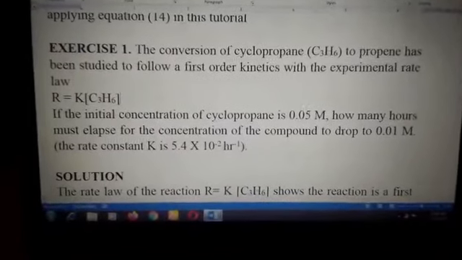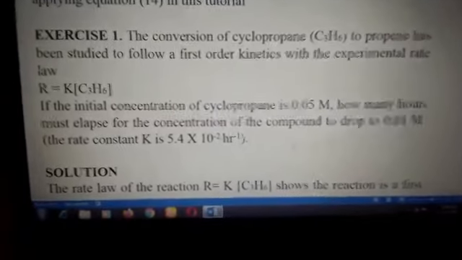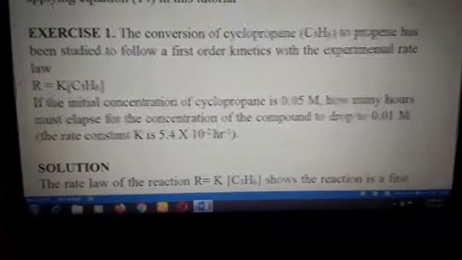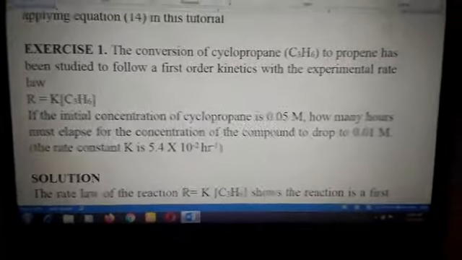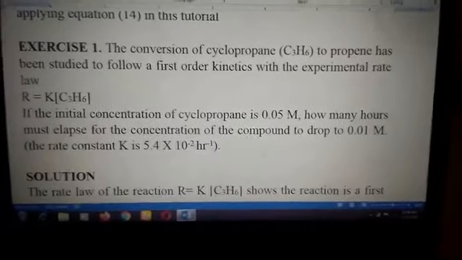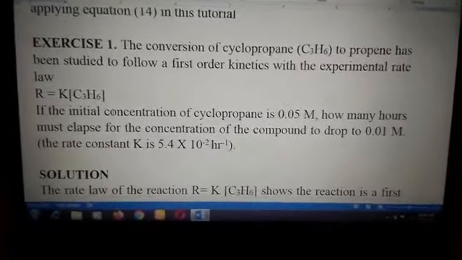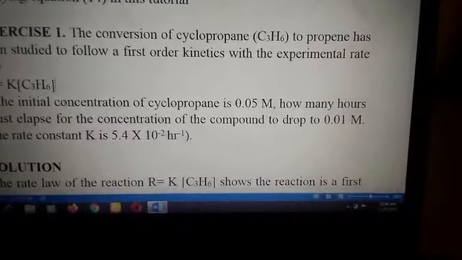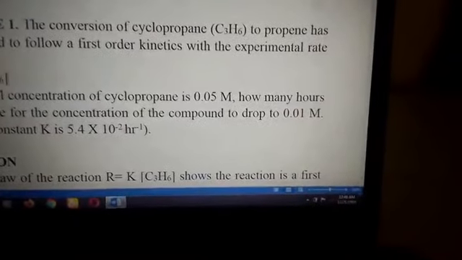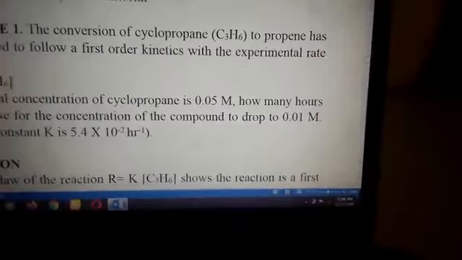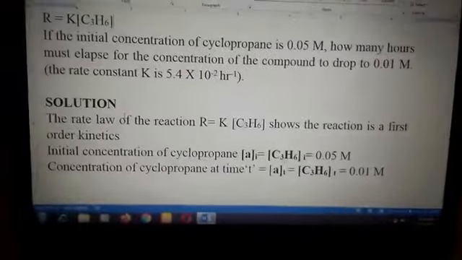The rate constant k is 5.4 times 10 to the power minus 2 per hour. What are we looking for in this question? We're looking for time: how many hours it takes for the concentration to drop from 0.05 to 0.01 mole per dm cube. So let's look at the solution.